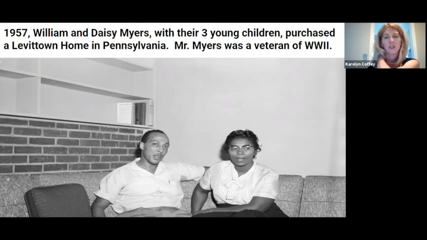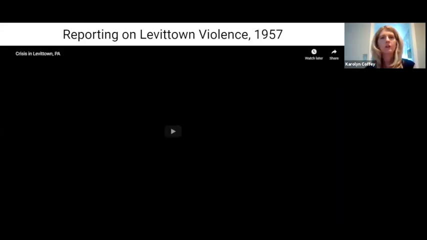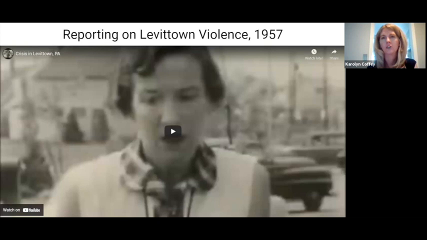William Myers was a World War II veteran. Daisy Myers worked in the school system. On face value, just a regular good family, but victimized based on their race. There's a news report that took place on what happened in Levittown in 1957 that students can watch and listen to the reasons why.